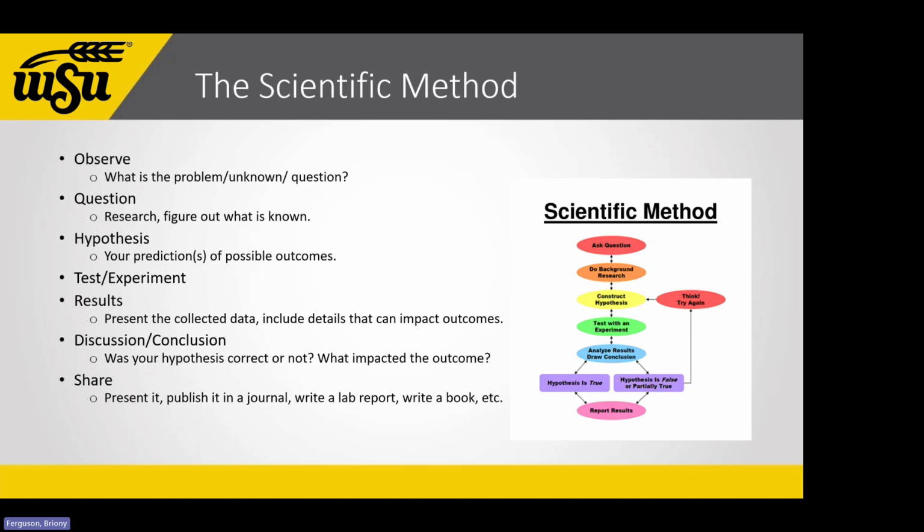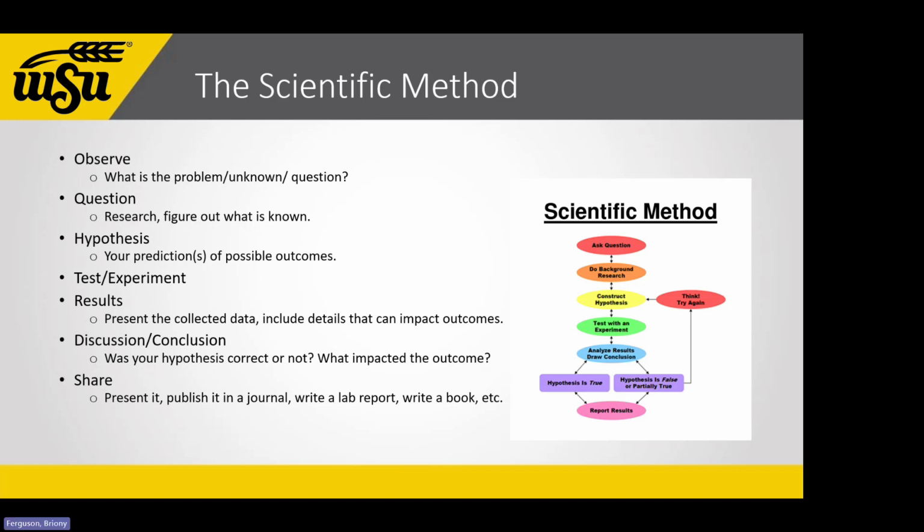And it's also going to take different forms depending on how your process goes. So if your results don't actually prove your hypothesis, you might have to go back, construct a new hypothesis, do a new experiment. You also might just take different paths in terms of how you report results, things like that.